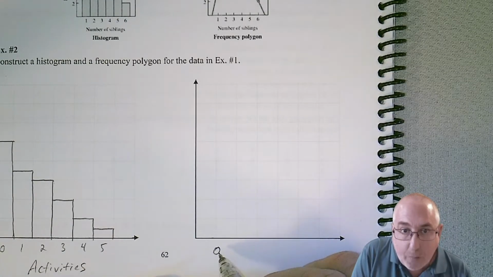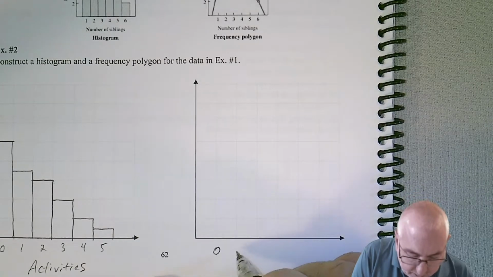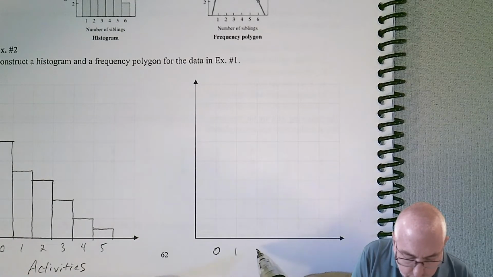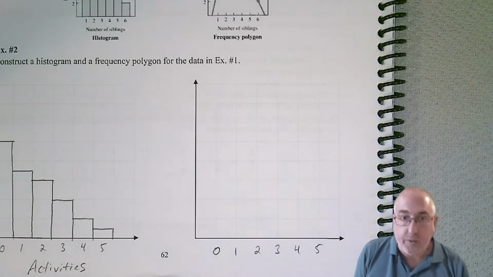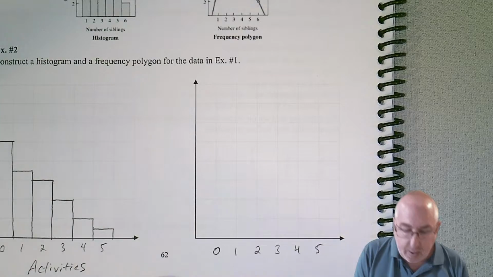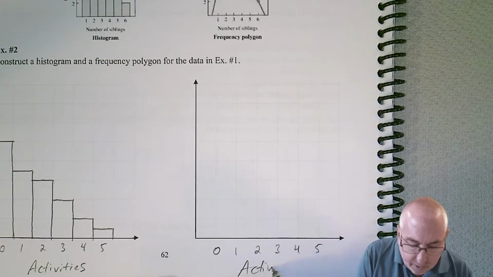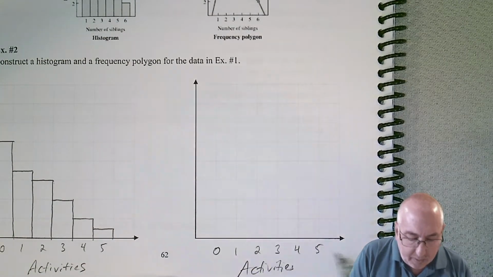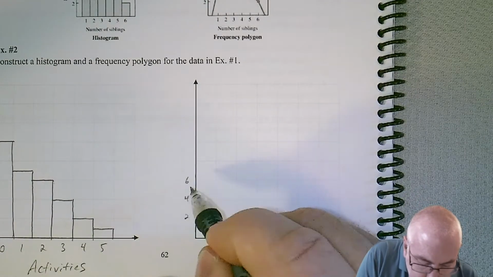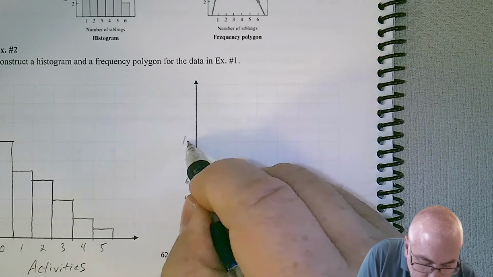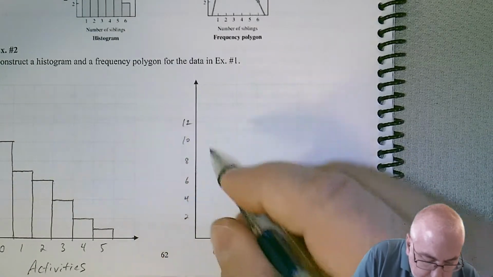So we always want to skip over to the first one and label from there. So there's our individual values, and again we have our activities, and then we have our vertical axis, which again we're still going to go by 2s.